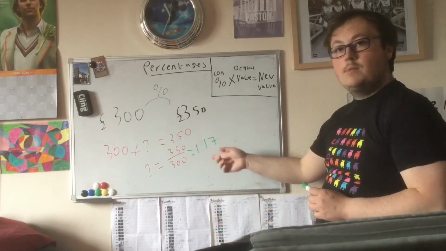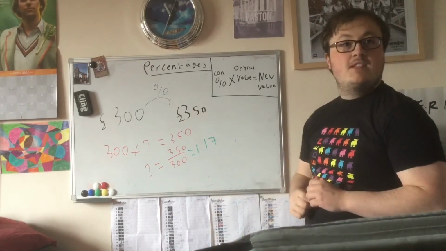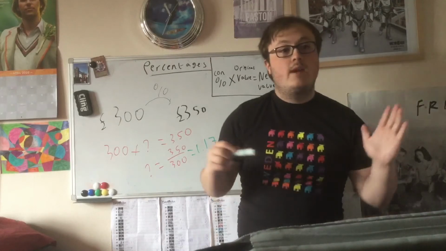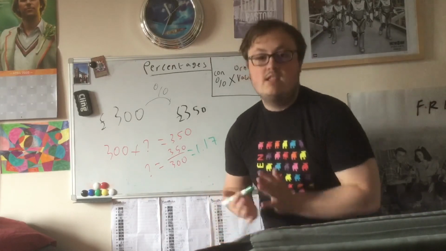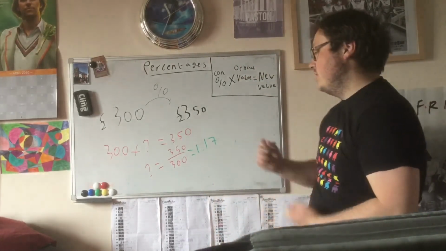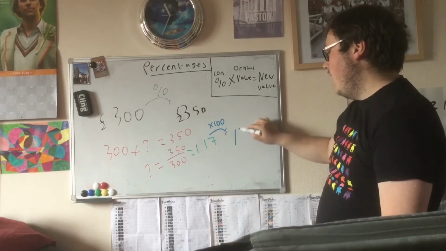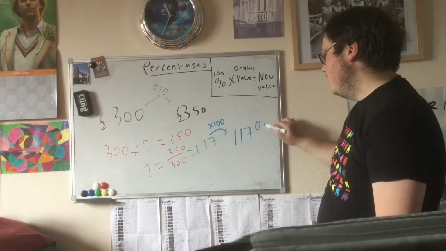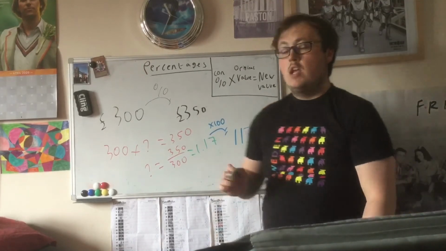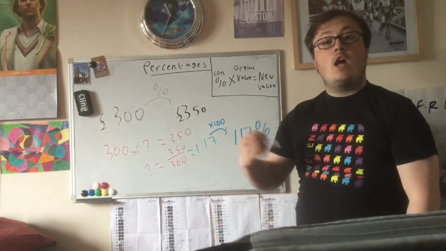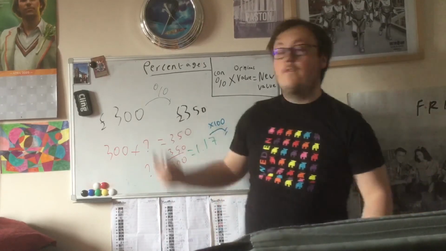That is the decimal equivalent of the percentage. And what happens when we have a decimal and we want to find the percentage? We times that decimal by 100. So we times it by 100. And that is 117%. So 350 is 117% of 300.